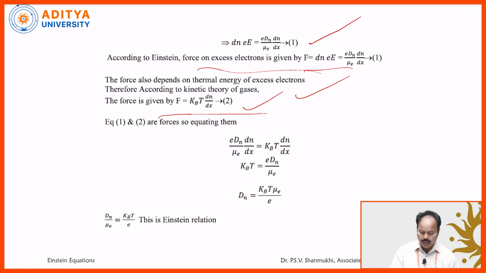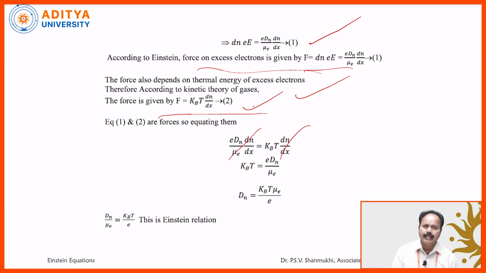Then equating equations 1 and 2, what do we get? E into Dn by mu E dn by dx from equation 1 is equal to kT into dn by dx from equation 2. Simplifying, dn by dx is cancelled on both sides.